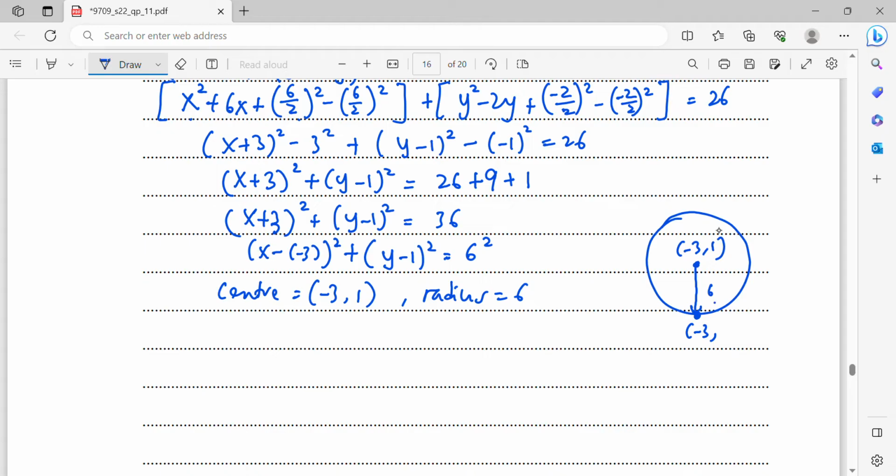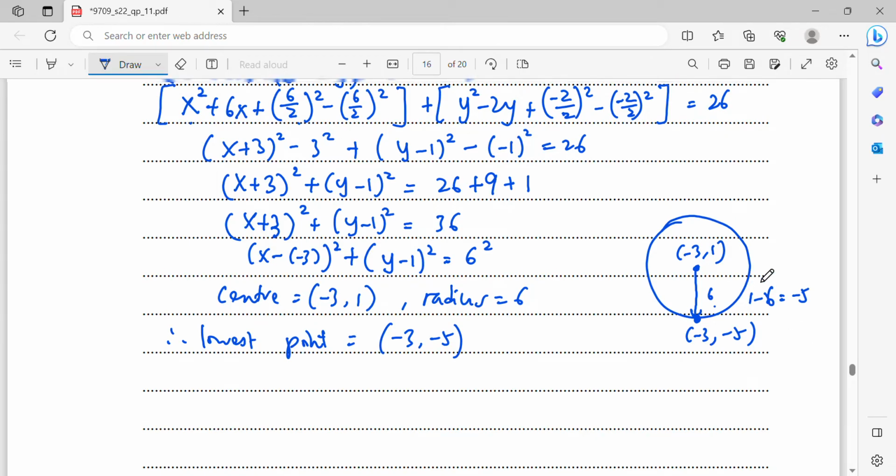Move down 6 units from 1. That means this is 1 minus 6, which is minus 5. So I'm getting this lowest point. So therefore, lowest point with coordinates minus 3 and minus 5. Okay, this is how we get it from the diagram.